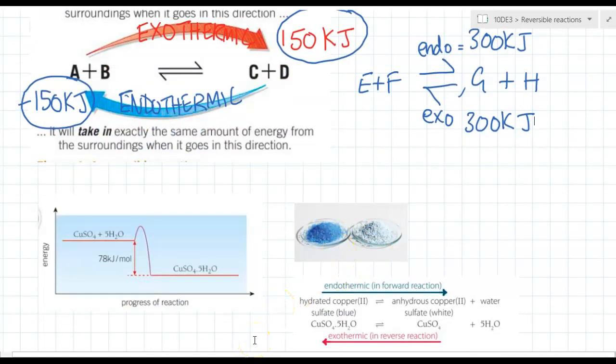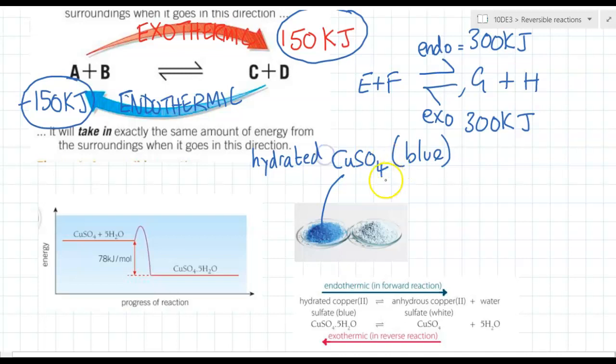So you might have come across, or you will have come across, copper sulfate, which is blue, and it's blue if it is hydrated. You could guess what that means. The copper sulfate has got water attached to its crystals. Copper sulfate is blue when there are also water molecules held inside the crystals of the copper sulfate.